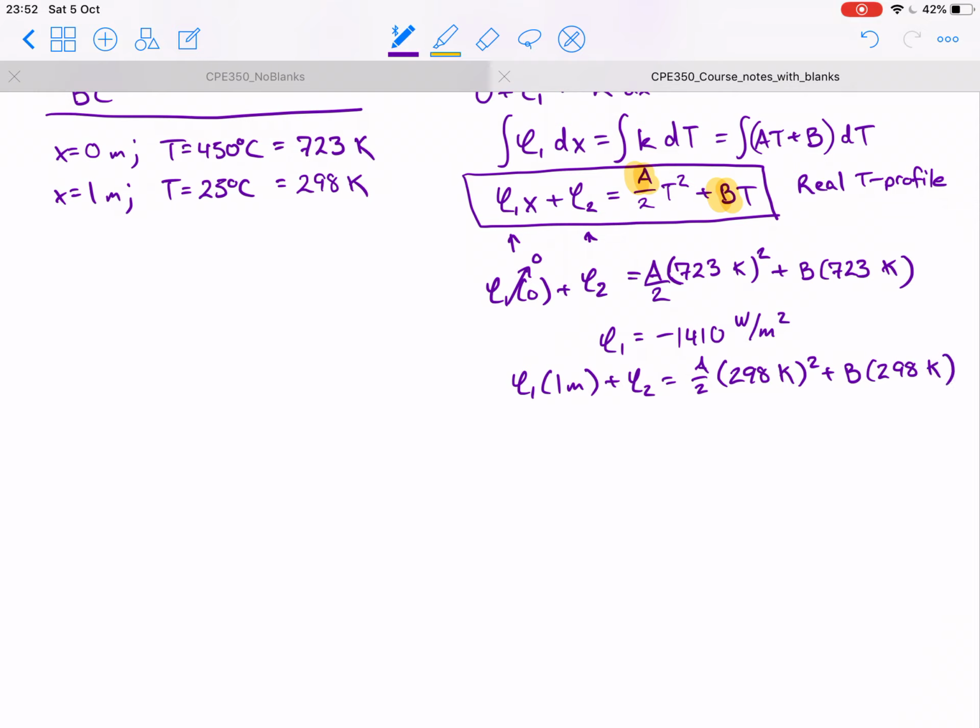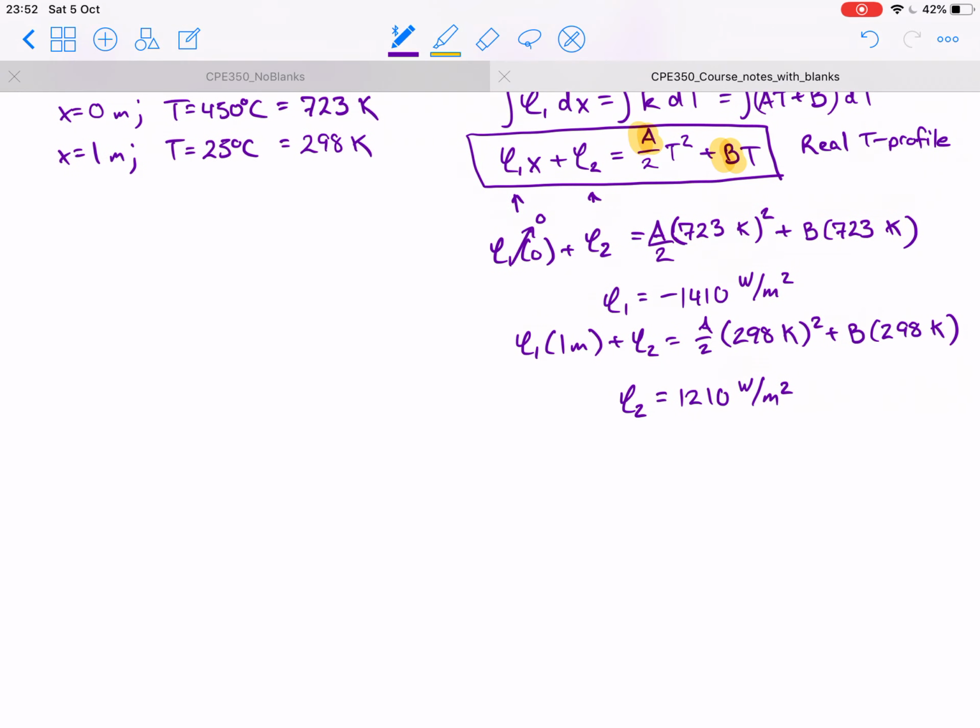And when we do that, we're able to solve for C2. So now we know every single constant in the real temperature profile. And so that's fully mathematically solved. We could write it in terms of the constants, but then it just gets a little bit messy.